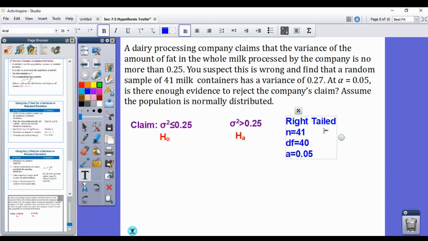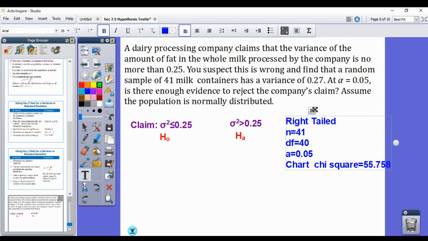So since this is a right-tailed test, I don't have to do any other work with my alpha level. So from my chart in the back of the book, I'm going to get my chi-squared value, and it is equal to 55.758.